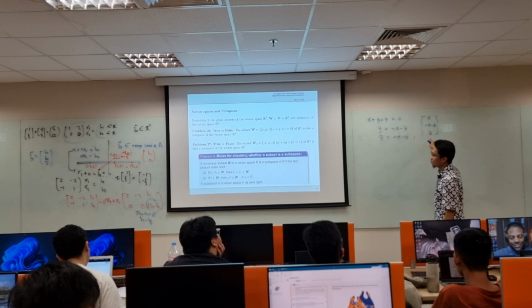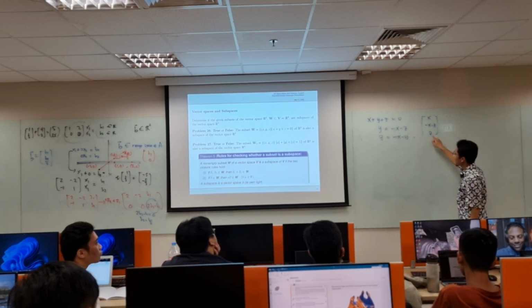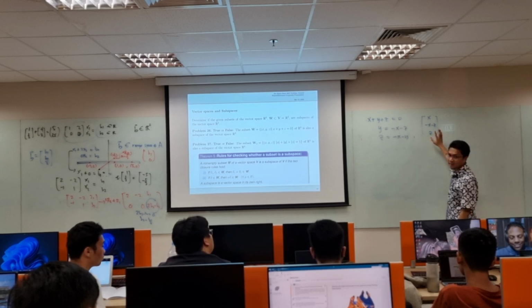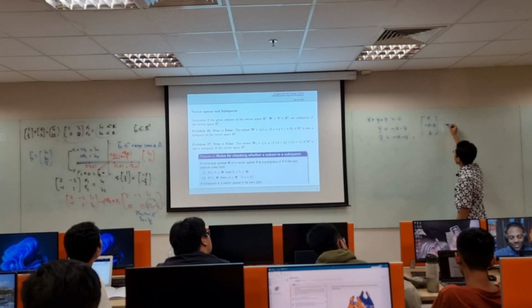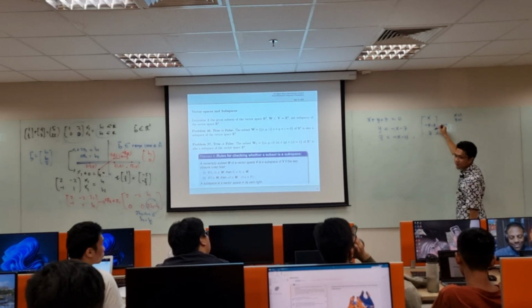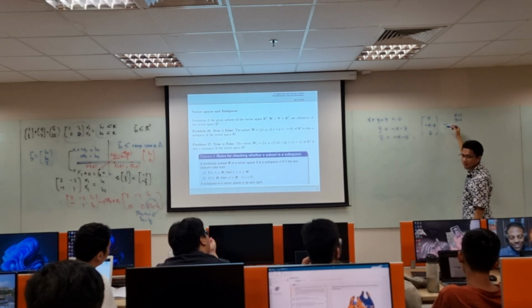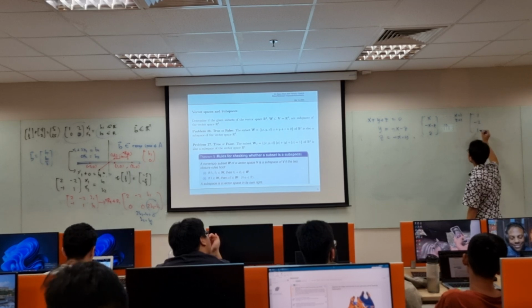Now you apply this: you can take z from any number. Let's say I take x to be 1, z to be 1. What is my vector here? 1, and then this is -2, and this is 1.